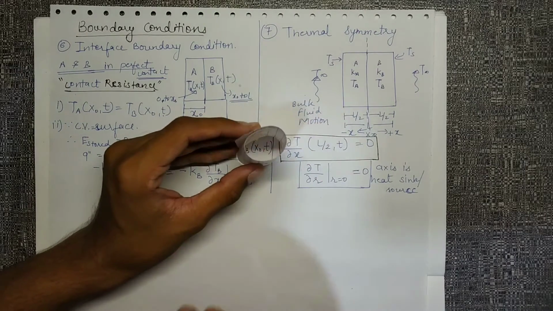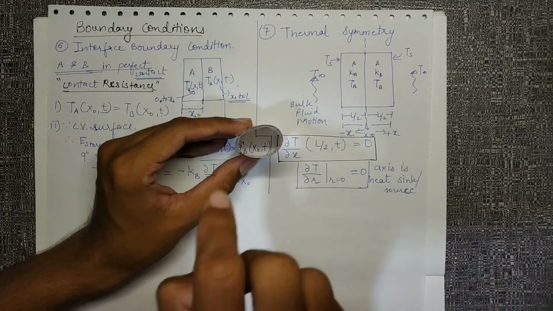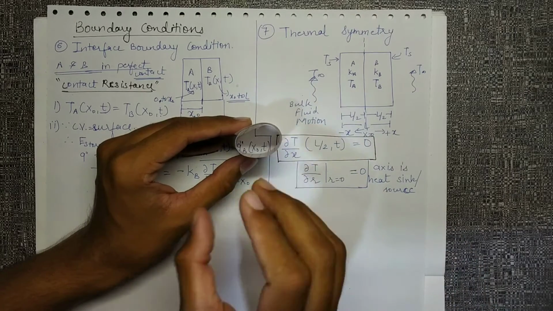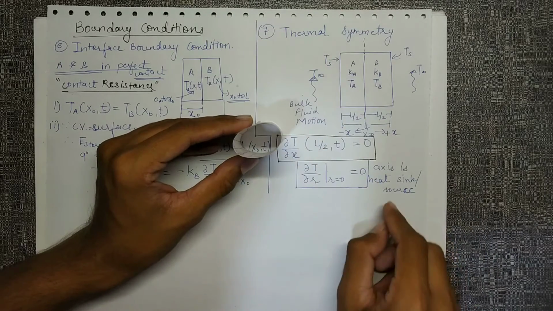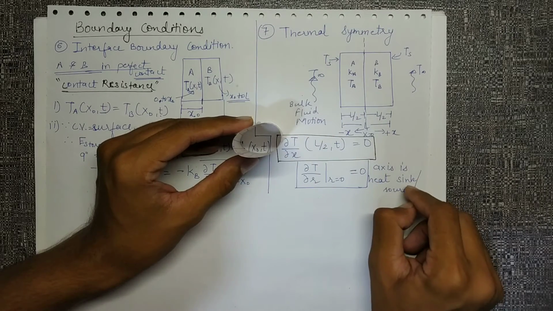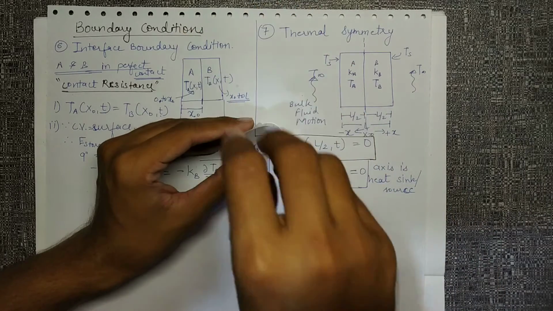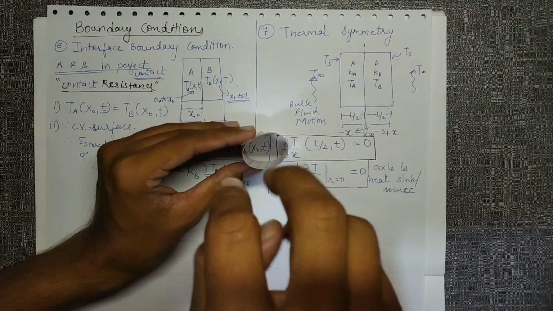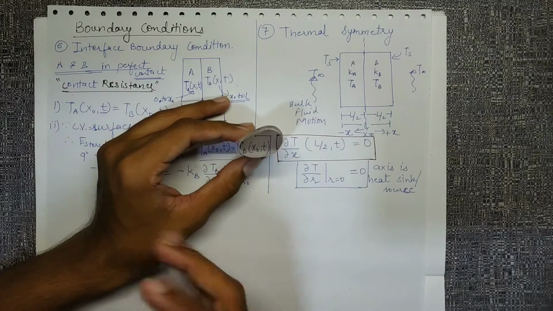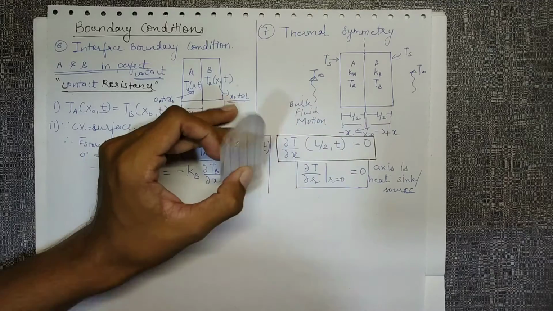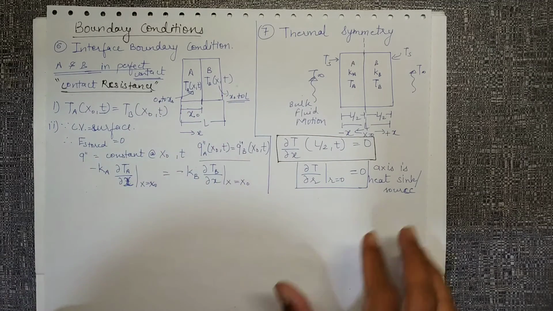If it is at the maximum temperature, then it will be said to be a source. That means all the heat from the axis will move perpendicularly away from the axis towards the surface. And in case it is a heat sink, all the heat will come towards the center of the cylinder, towards the axis, and all the heat will be absorbed at the center. So that is a hypothetical situation, but that's how we say it.